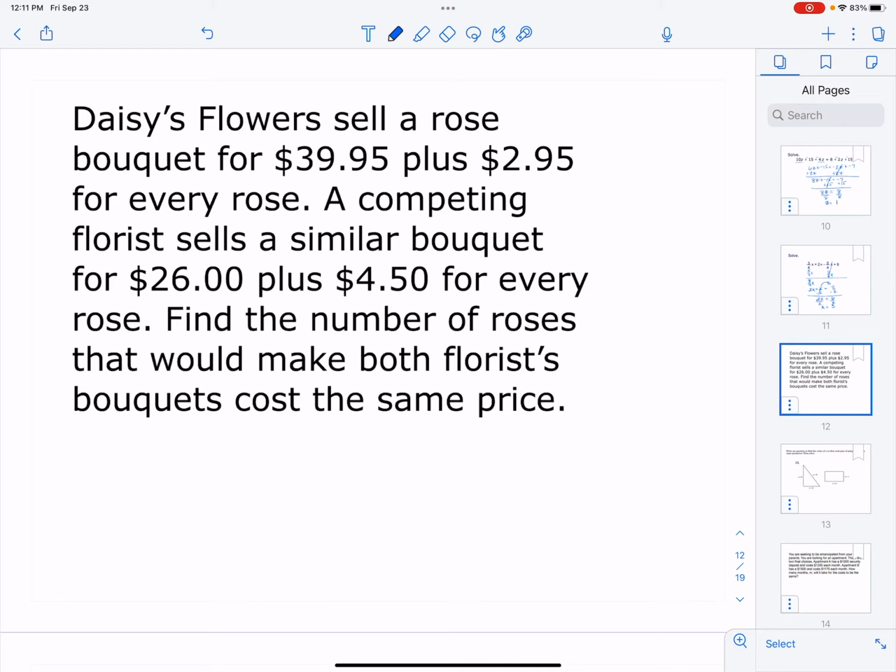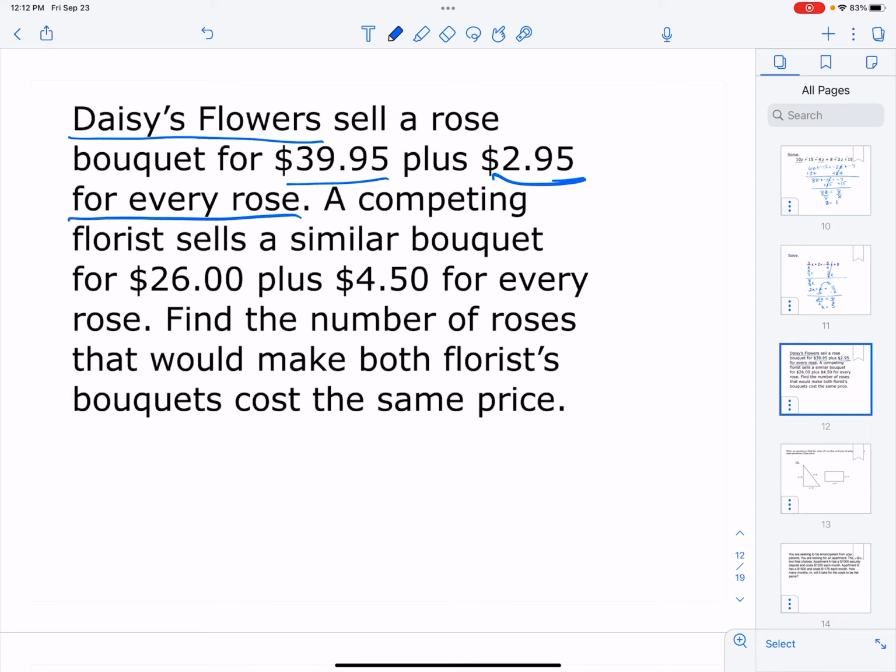A competing florist sells a similar bouquet for $26 plus $4.50 for every rose. Find the number of roses that would make both florist bouquets cost the same. So we've got two flower shops here. We've got Daisy's Flowers, and they're going to sell flowers for $39.95 plus $2.95 per every rose.